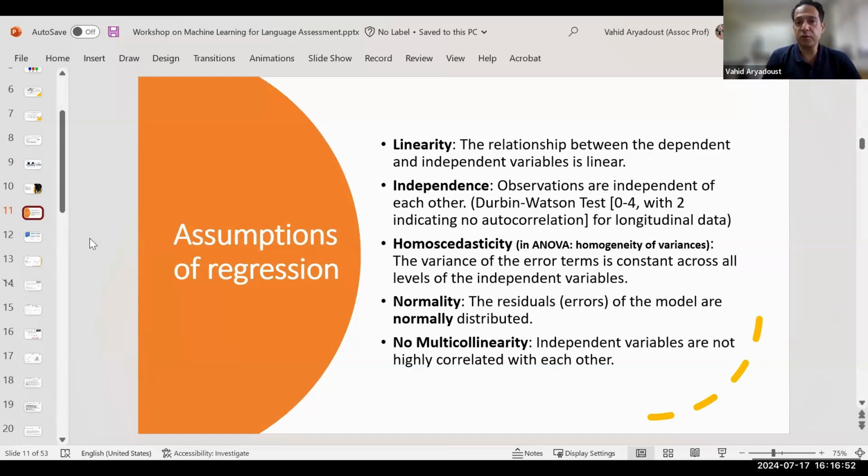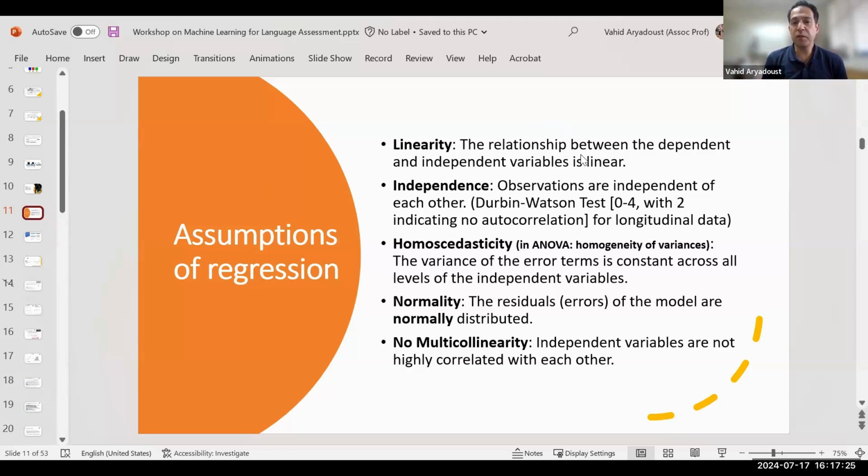I think some of you, because I saw some of your names are familiar, who have taken a course on research methodology in applied linguistics, do remember the concept homogeneity of variances, and I'm sure the rest of you are also familiar with it. So homoscedasticity is a very similar concept to homogeneity of variances, if the term is weird and strange.